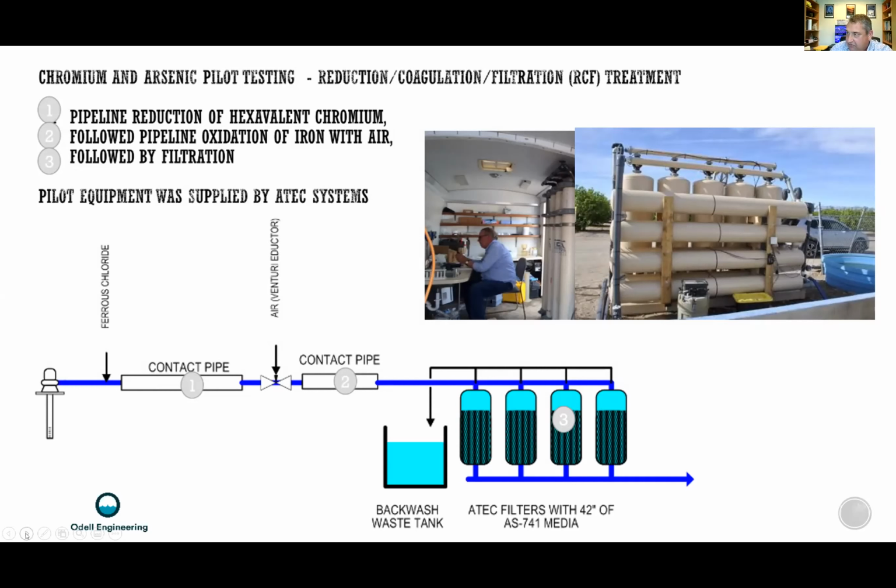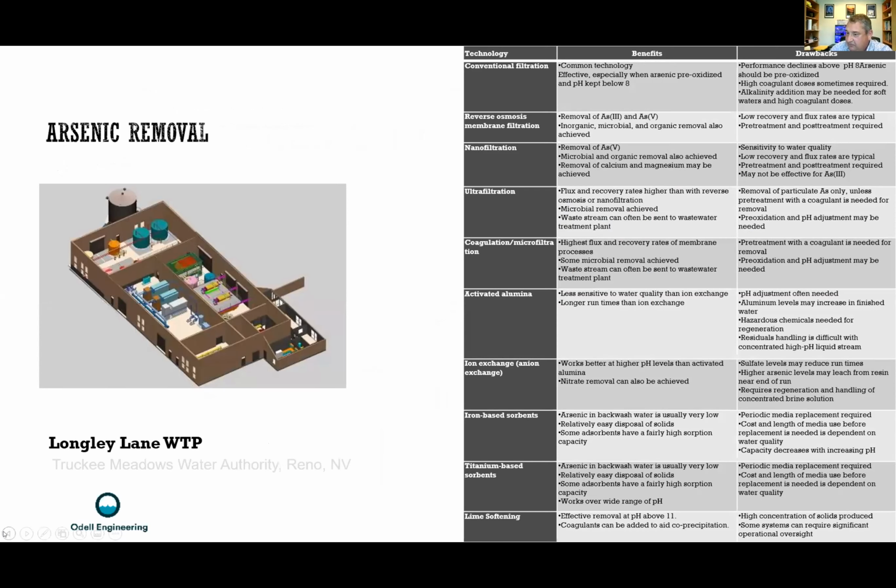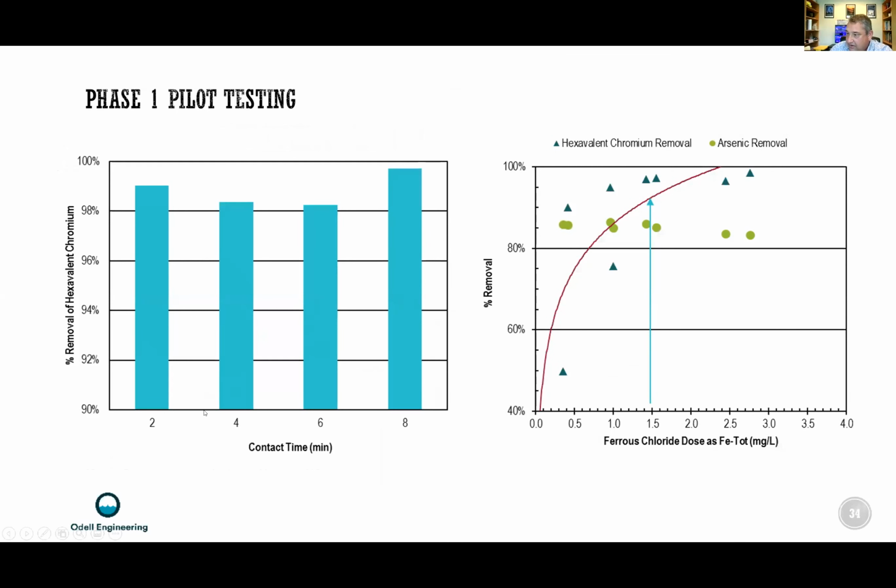So that really reduced the cost significantly, and it didn't take a lot of chemical. The contact times worked at about 2 minutes, and we only needed about 1.5 milligram per liter of ferrous chloride to reduce the hexavalent chromium in the wells. In this case, had about 20 to 25 parts per billion of hexavalent chromium.